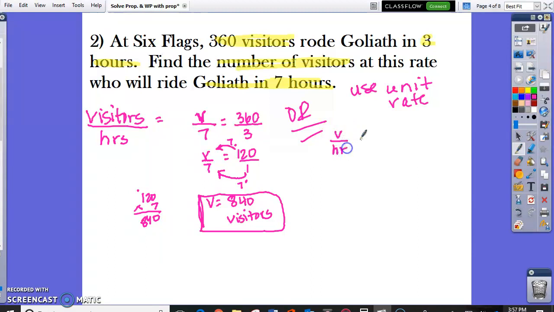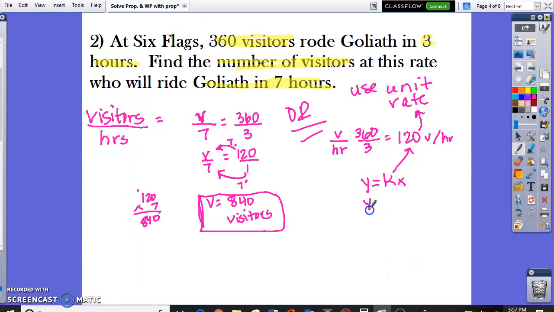So visitors per hour. You do 360 divided by 3 is 120 over 1, which simplifies to 120 visitors per hour.